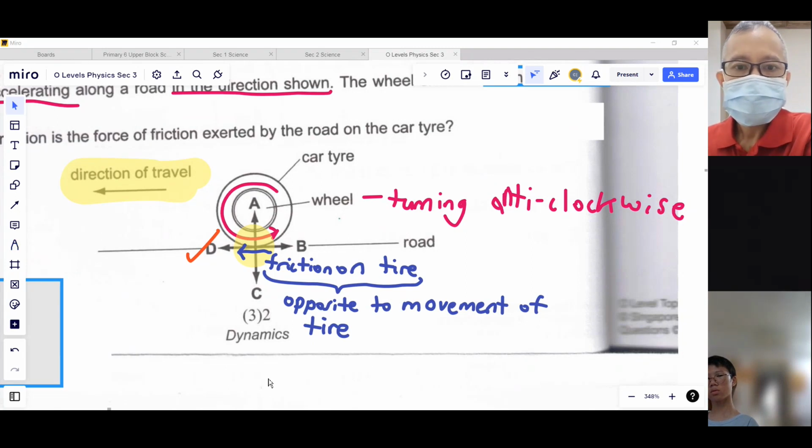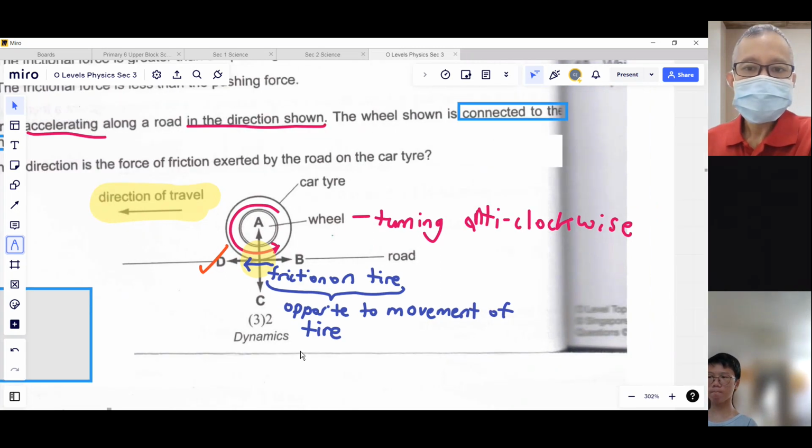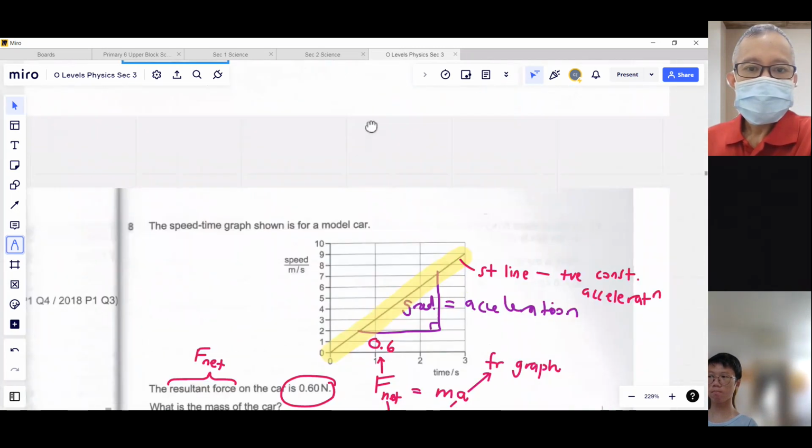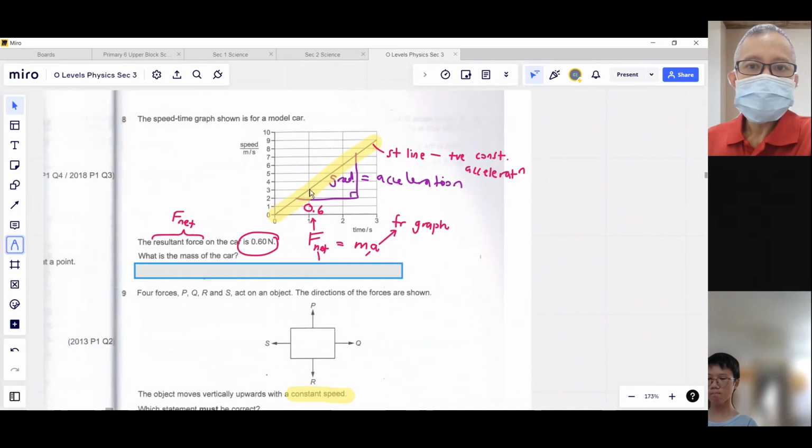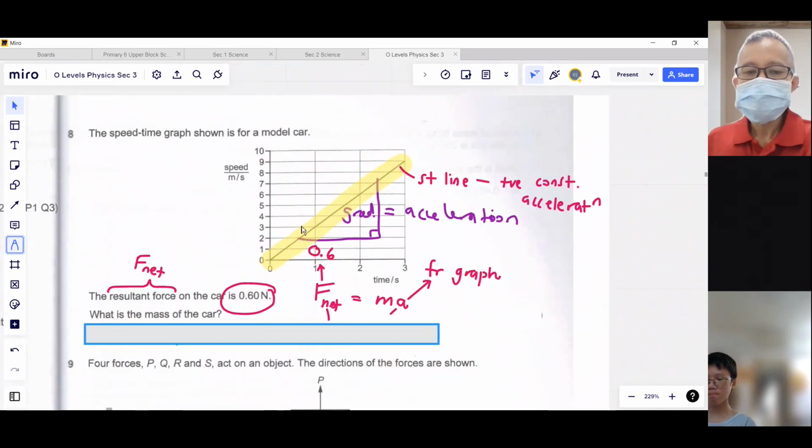Questions, anyone? Jing, okay. Steven, yeah, let's go on. Okay, number 8. I think I more or less told you the answer just now. Jing, what's your answer for number 8?